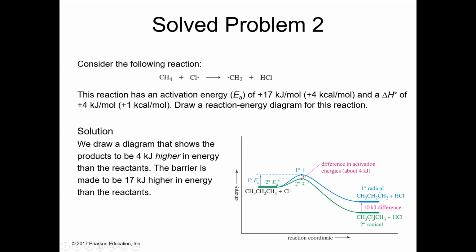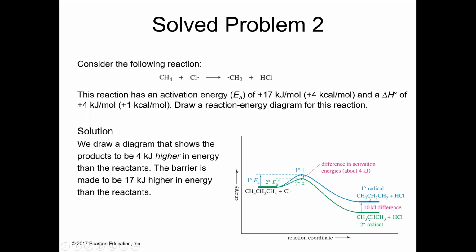Okay, to form the secondary free radical in the propagation step, that has a lower activation energy than forming the primary free radical. Okay, primary free radical, this carbon with the unpaired electron is directly bonded to just one other carbon.